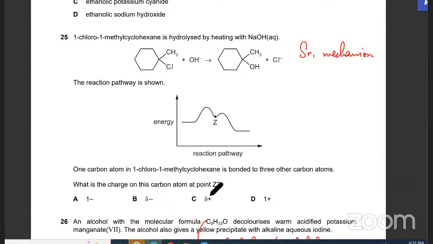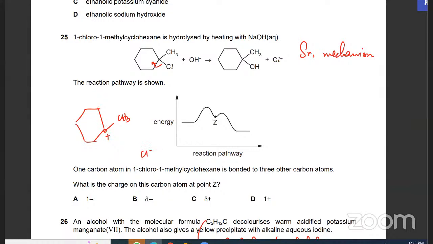What is the charge on the carbon atom at point Z? At point Z, the intermediate, in the first step, the Cl will get knocked out. So you'll have a molecule, and this carbon over here will get a positive charge.